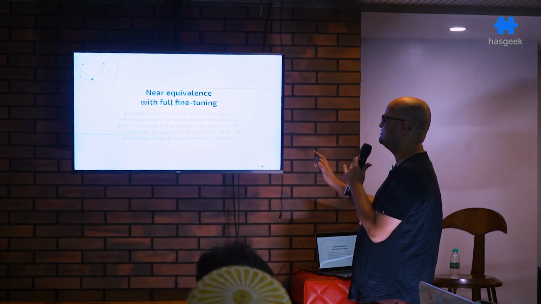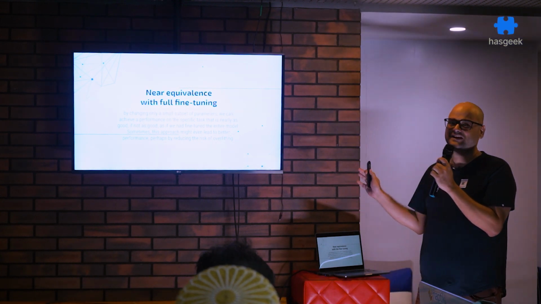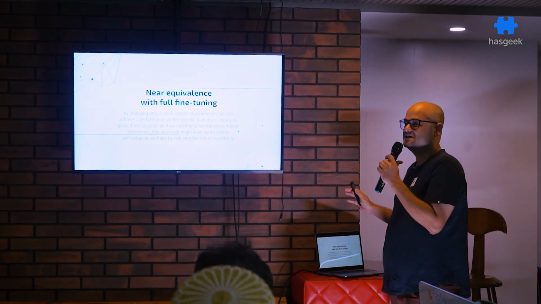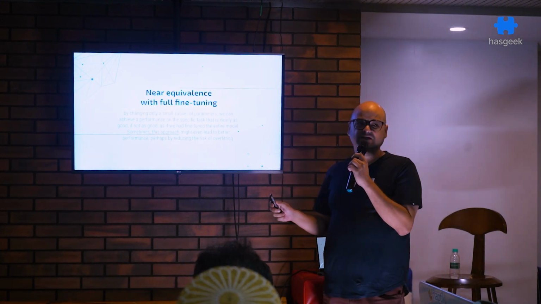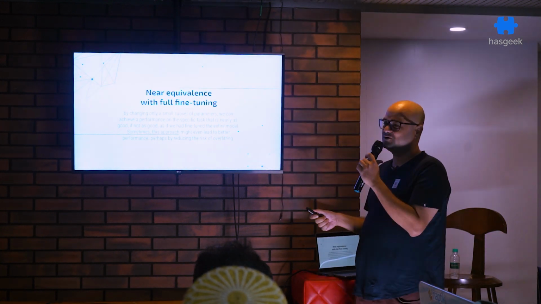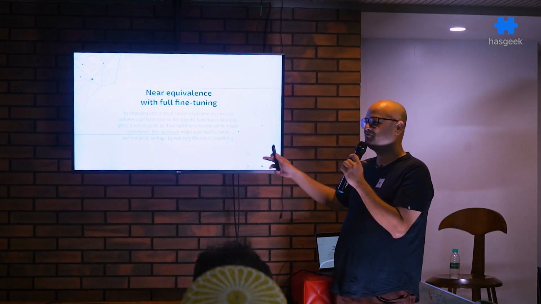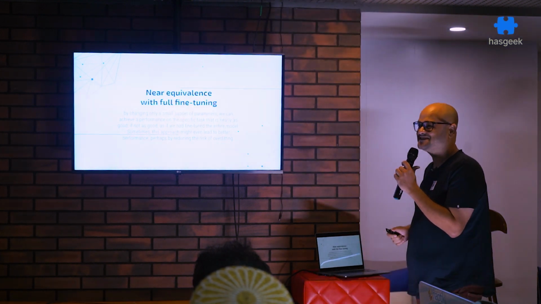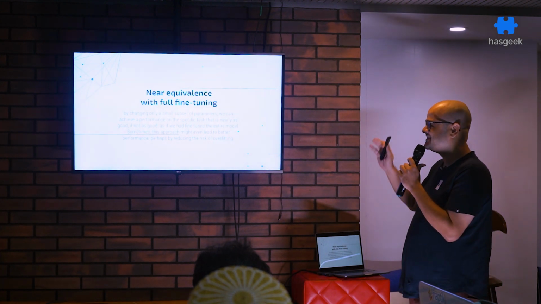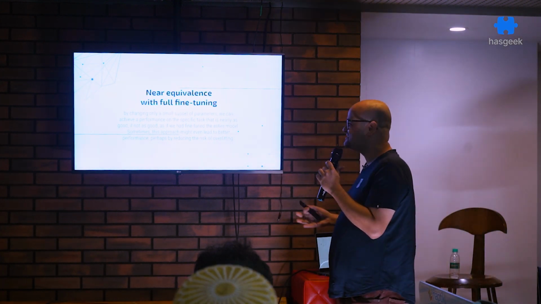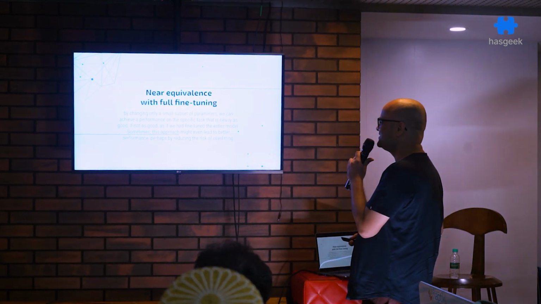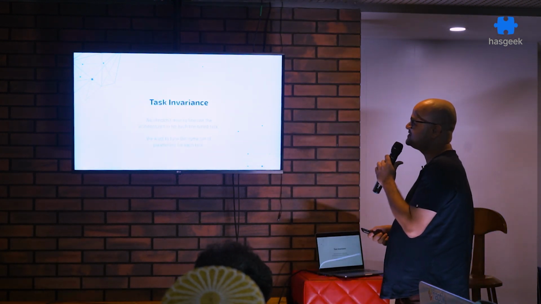And of course, we also want near equivalence with full fine tuning, right? Assuming you had all the resources, the kind of performance you could get from that model, we should be able to match or almost match that kind of performance, right? Otherwise, it's trivial to throw away a lot of performance for less compute requirement. That is not very interesting.